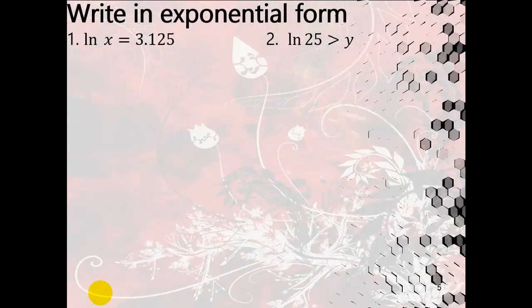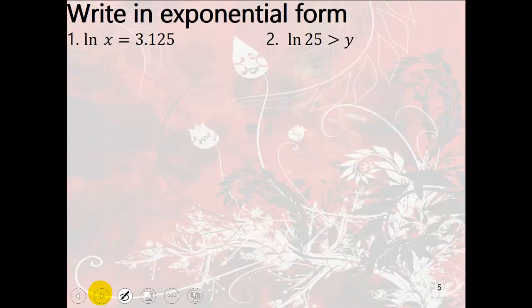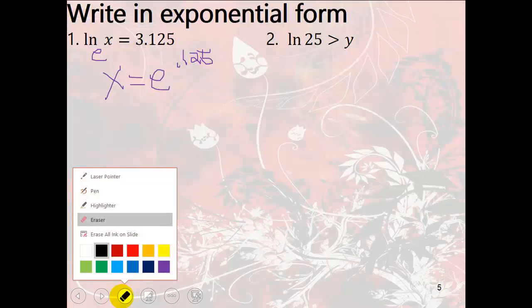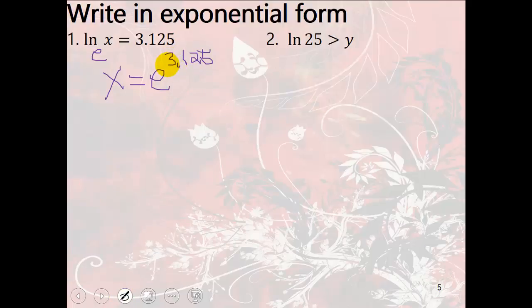Okay? We can write in exponential form as well. So remember that we're in base e. Whenever we write in exponential form, my input will always equal my base raised to my exponent. You just have to remember where you locate the base, where you locate the input, and where you locate the exponent.